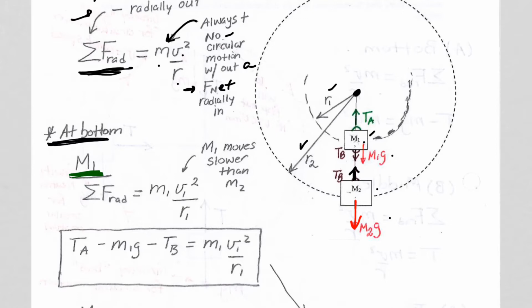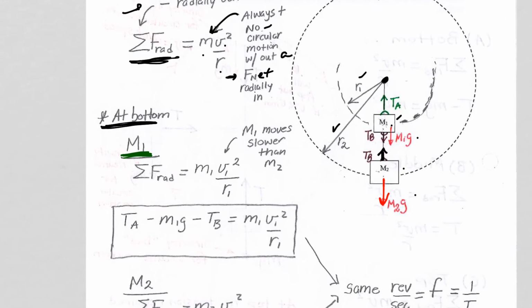And let's go up to M1 and see about the forces acting on M1. On M1, we have M1G down, so gravity pulling straight down. Cable B, tension B, is also going to be pulling on M1. Tensions pull, never push. And then finally, we have the cable attached at the center of the circle, attached onto M1, pulling up on M1.